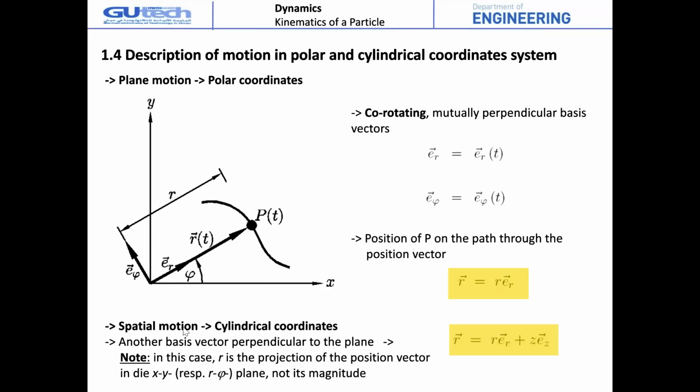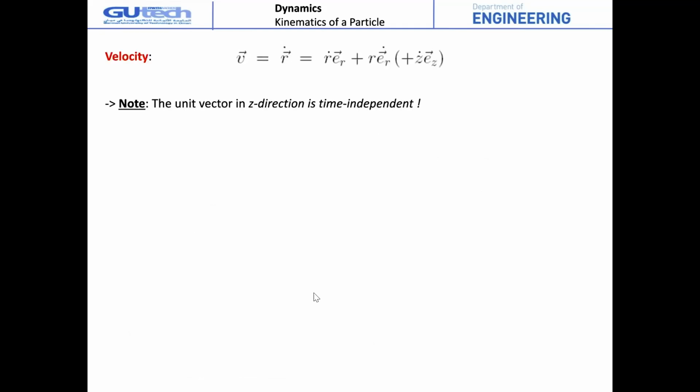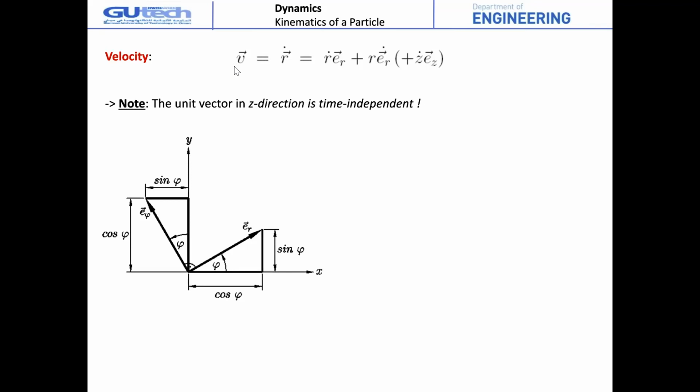Then for spatial motion, instead of plane motion, we use what we call cylindrical coordinates. That means we only have to introduce this second term, which is along the direction of the Z axis. Then we can say that the velocity V is the time derivative of the position vector.